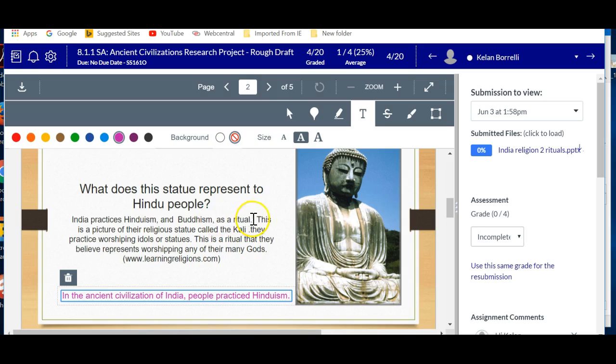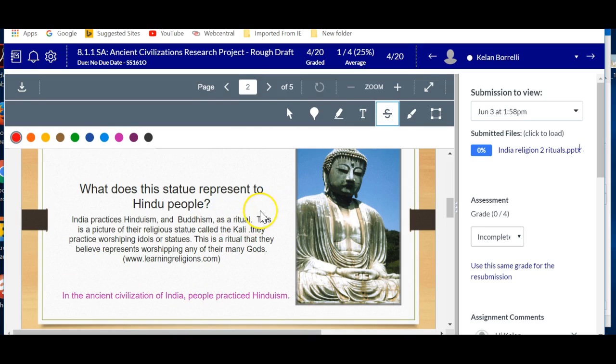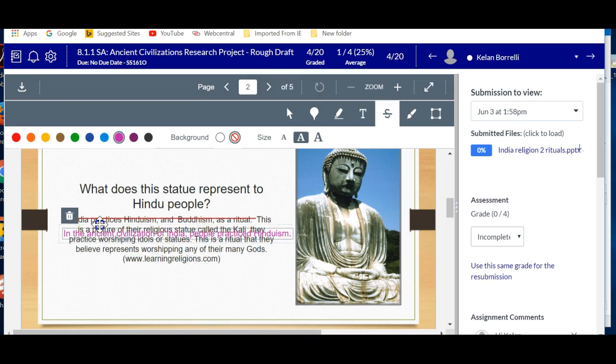Okay, so instead of using this first sentence, we are going to cross it out and replace it with this one here. I'll try to move it up here, but I don't want you to get too confused. I think you can see that.